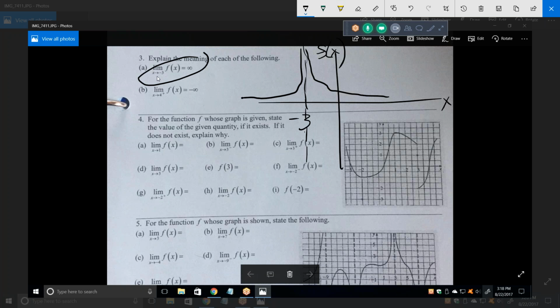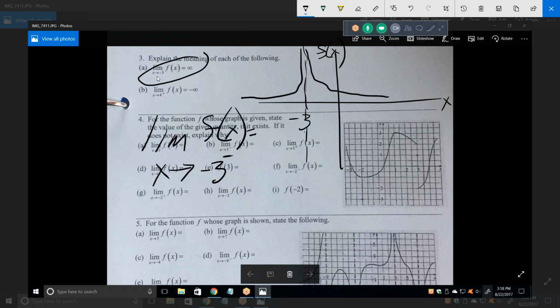Now, what's the limit as I approach -3 from the left? In other words, what's the answer to this? As x approaches -3 from the left, what is the limit of f of x?